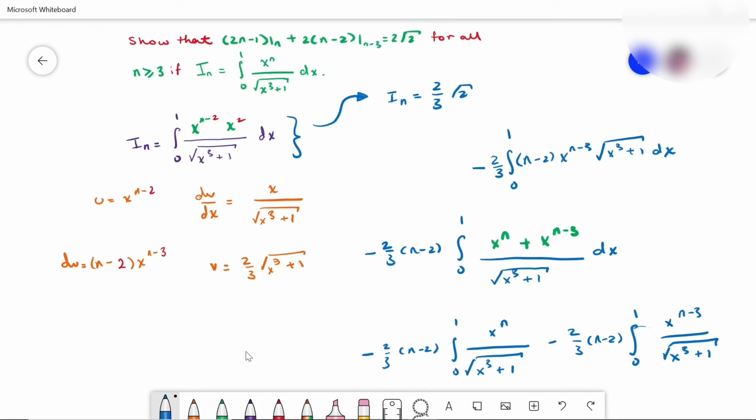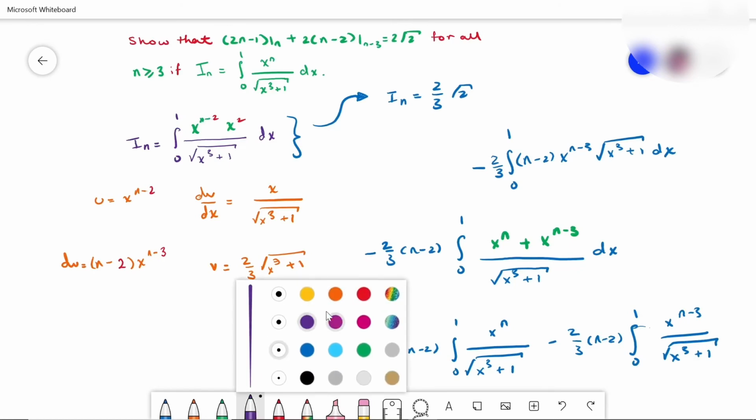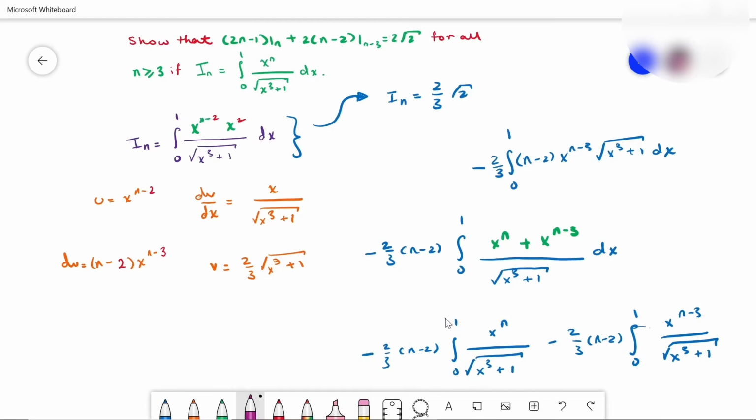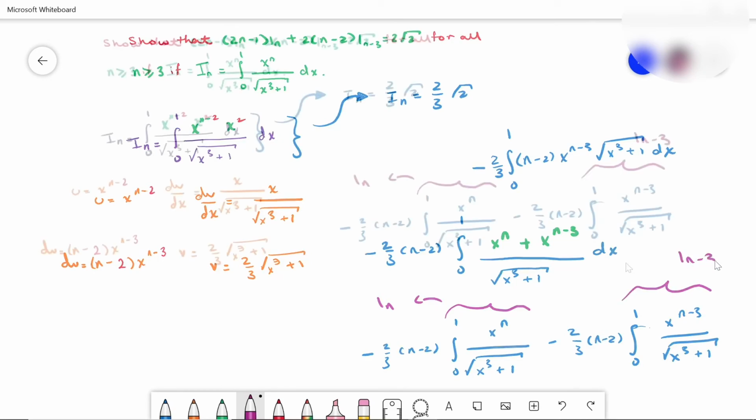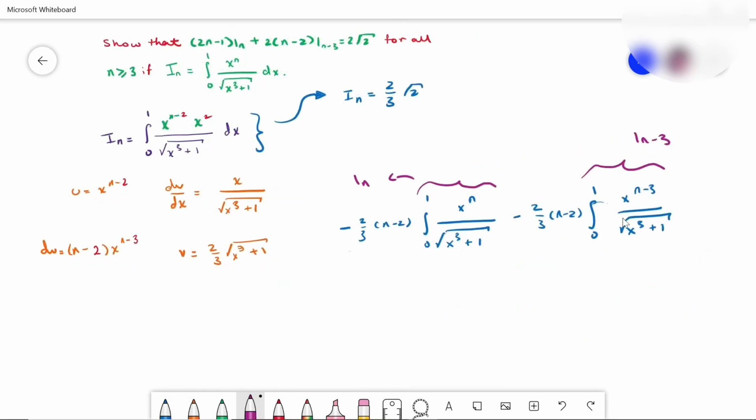So what we can say is this thing here is I sub n, and this thing here is I sub n minus 3. So let me just clear this up. Okay, so we got up to this point where we had these two integrals and we noticed that they were I sub n and I sub n minus 3.